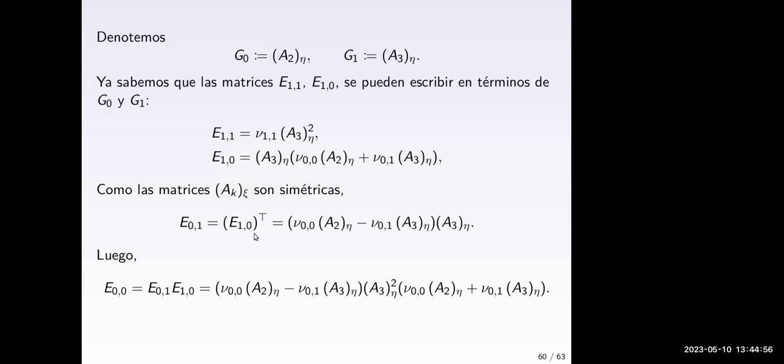Also, the transpose of E10 is E01. And if we have the transpose of the product AB is B transpose A transpose, we have this here. And by the symmetry, they are the same. And so the products are always in the algebra, and we have now this expression for E00.